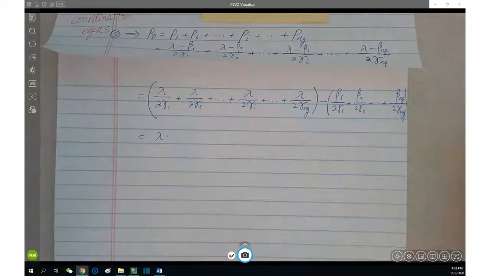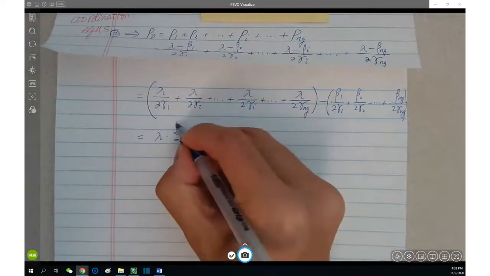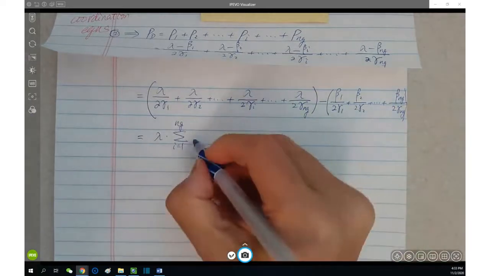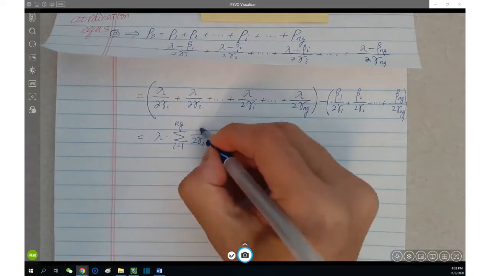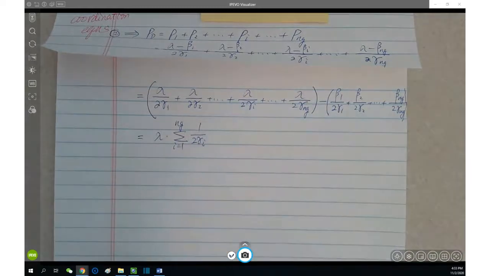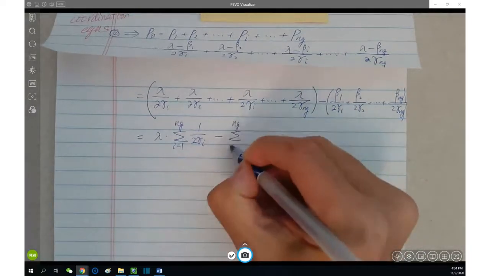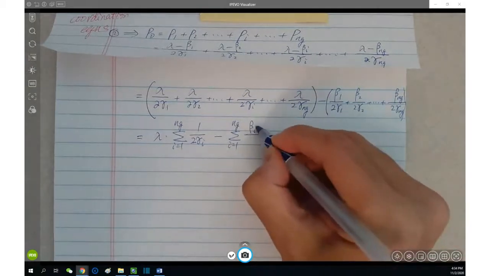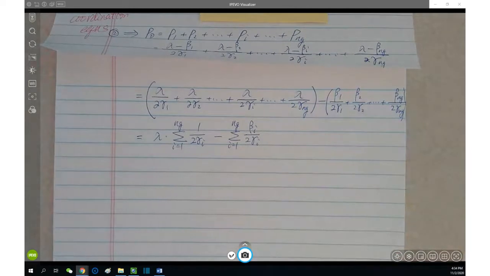Lambda, mutual common factor, times summation i from 1 to n sub g, and this is 2 gamma i, minus summation i from 1 to n sub g, and then beta i divided by 2 gamma i. Does it make sense?